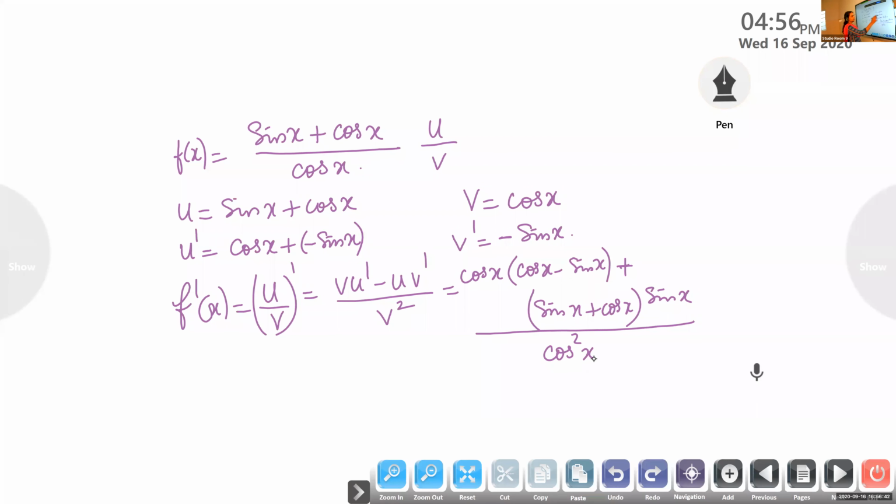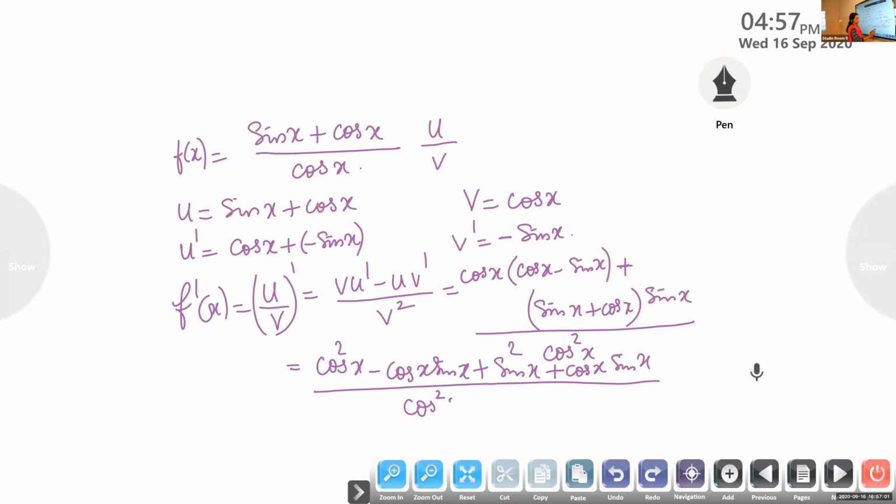Now you open the bracket. When you open the bracket, you'll get cos square x minus cos x sin x plus sin square x plus cos x sin x by cos square x. Is it correct?